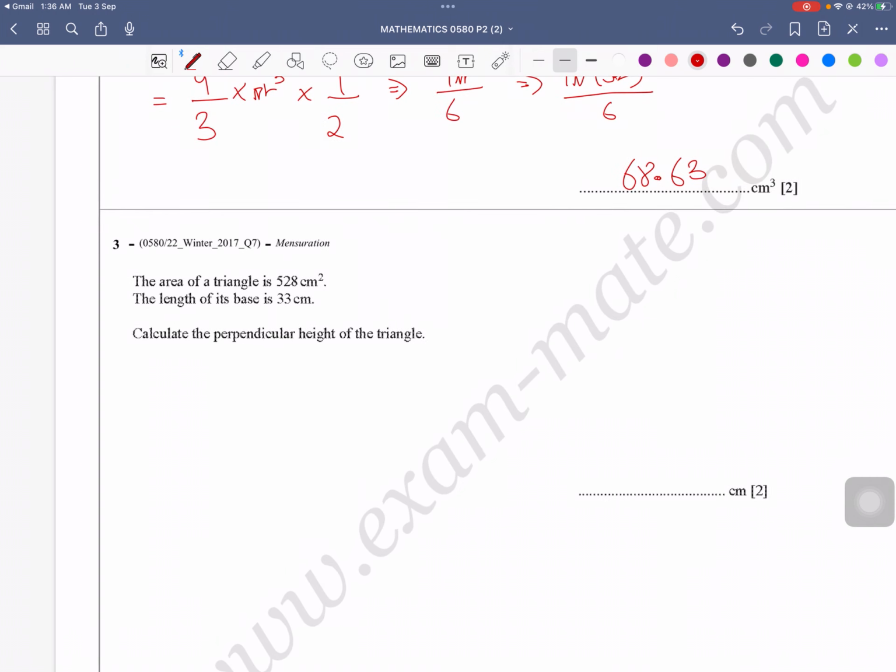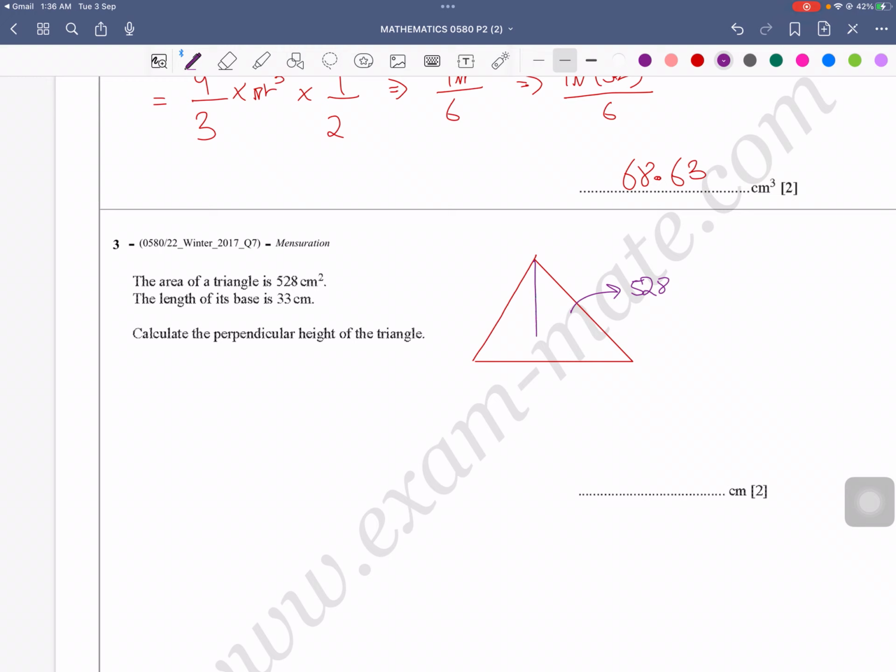This question says that the area of a triangle is given and they have given us the length of the base. They're asking us to calculate the perpendicular height of the triangle. This is the triangle, right? And they said that this triangle has 528 as its area, right?